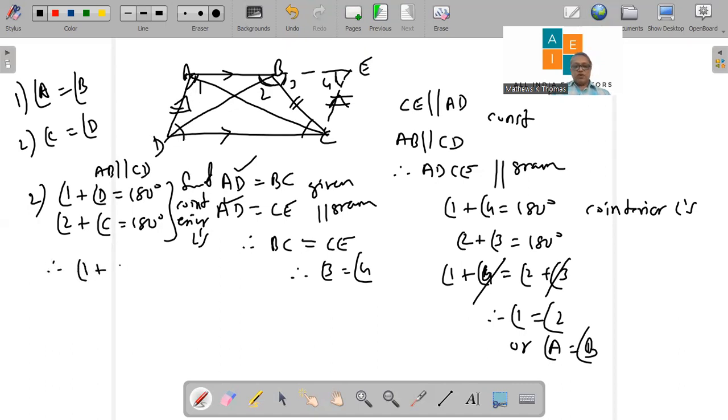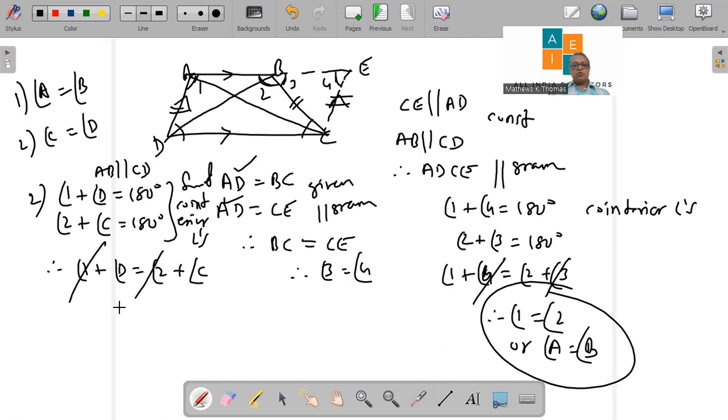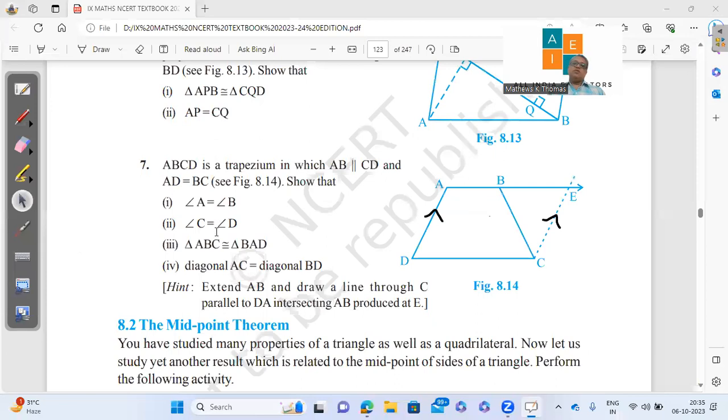Therefore, I can say that 1 plus D is equal to 2 plus C, and we have already proved that 1 is equal to 2. So 1 and 2 get cancelled, so we get D equal to C. So we've got the second part, that angle D and C of this trapezium ABCD are equal. This is our first part, this is our second part.